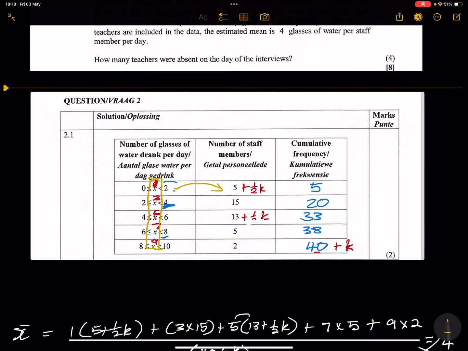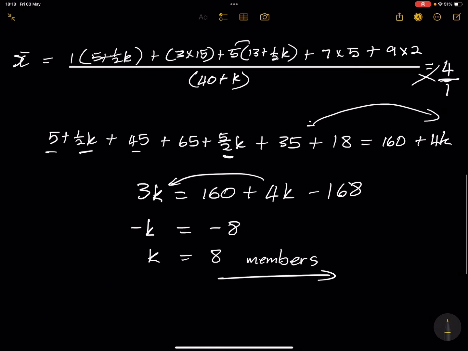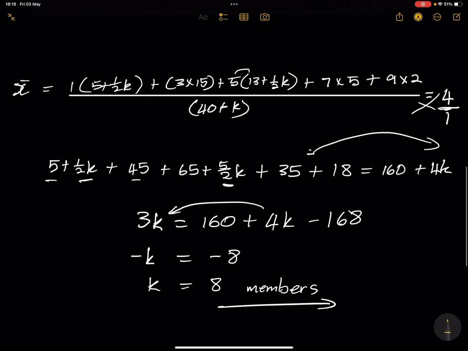In this case, that's how you get your estimated mean. And ladies and gents, that is how the cookie crumbles.